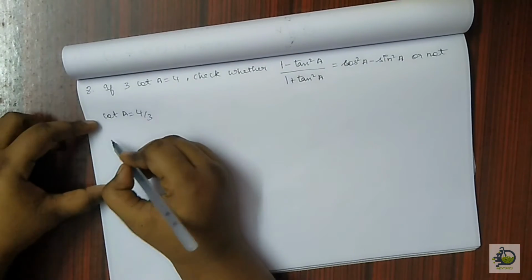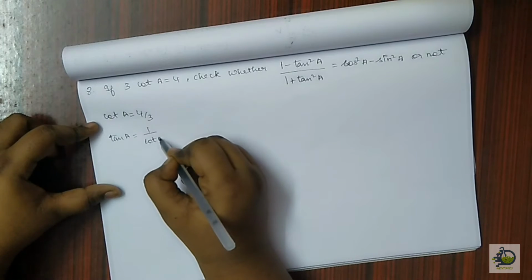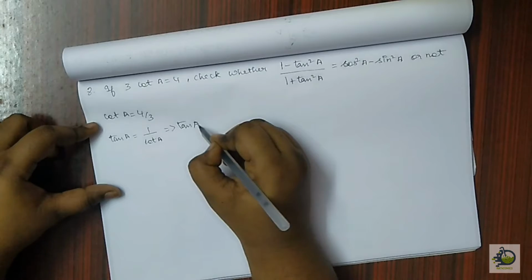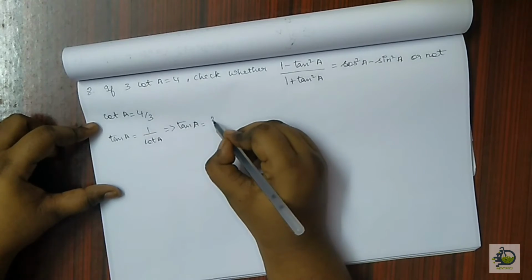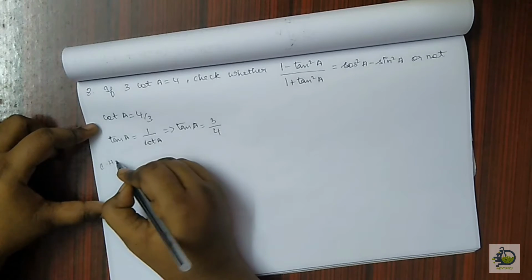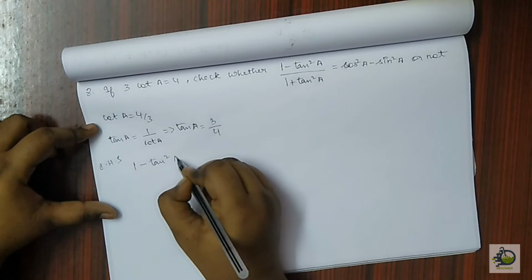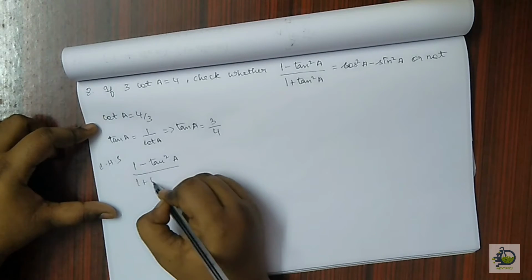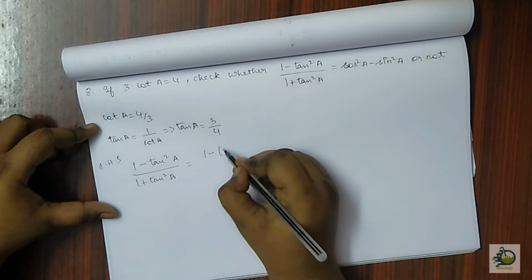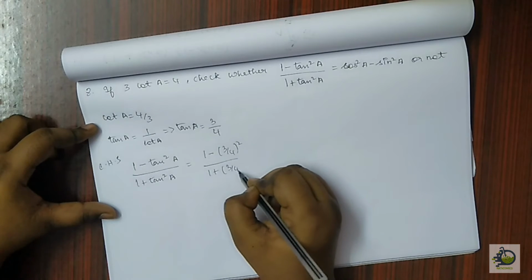Also, we know that tan A can be written as 1 by cot A, which means that tan A is the reciprocal of cot A. So, it can be written as 3 by 4. Okay, so with that we can find the LHS. It is (1 minus tan squared A) by (1 plus tan squared A). So instead of that we can substitute (1 minus (3 by 4) square) by (1 plus (3 by 4) square).